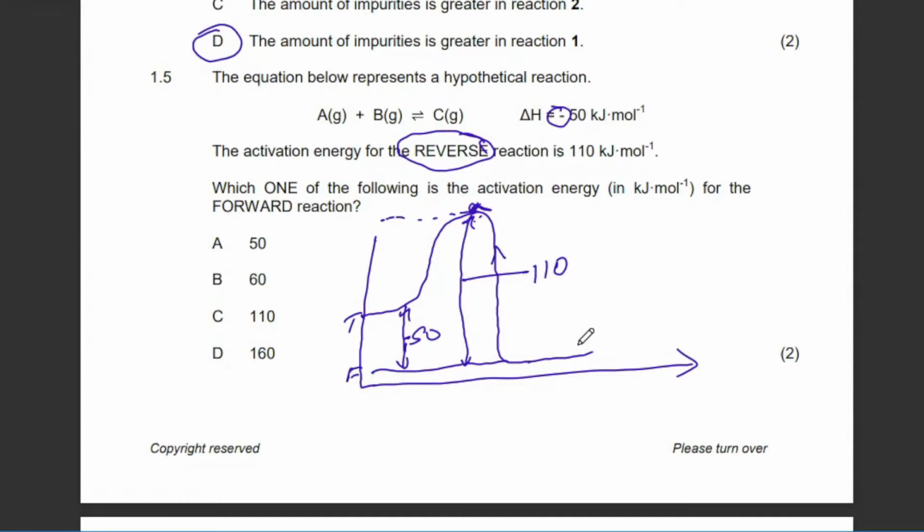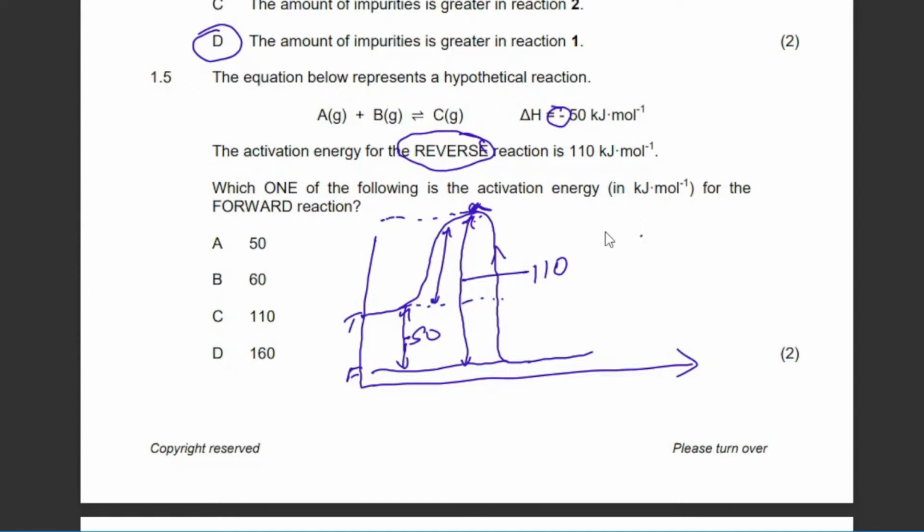All right. Now, the question is asking, which one of the following is the activation energy for the forward reaction? So the activation energy for the forward reaction is going to be this, from here to there. So what am I going to do? I have to subtract this from this.